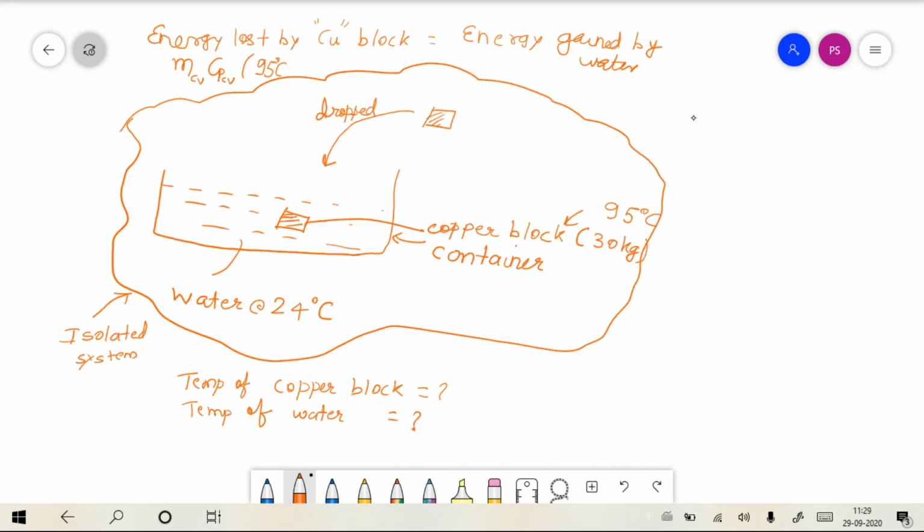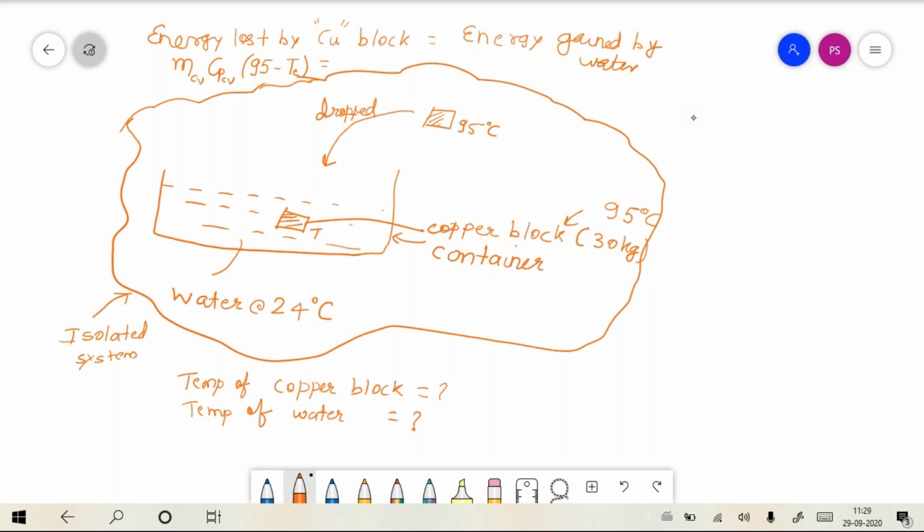It will drop in temperature and reach the equilibrium temperature, TE.